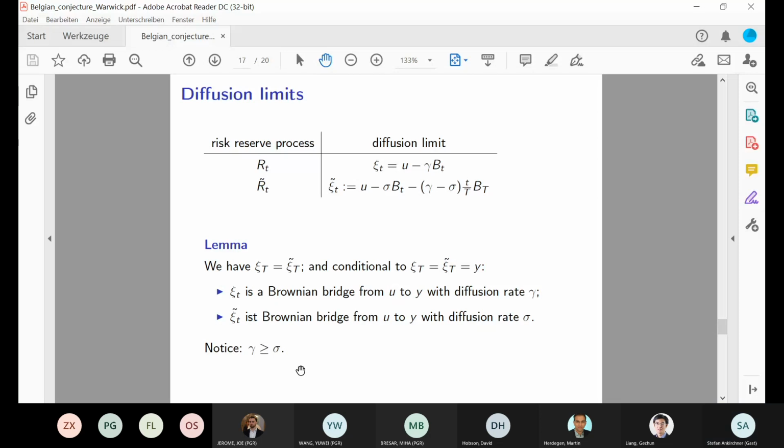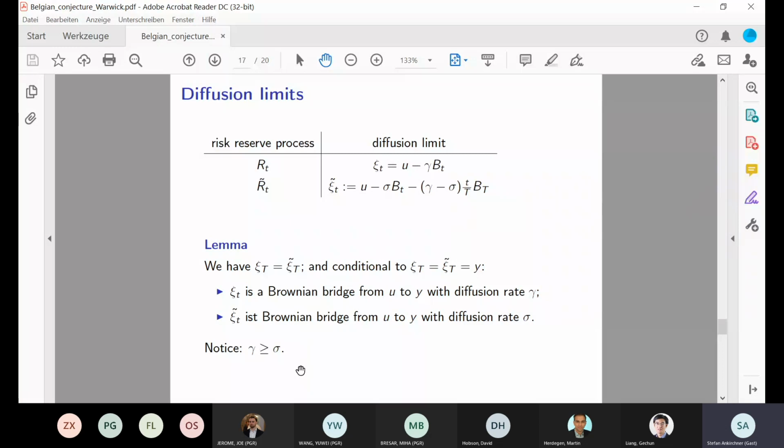So we have two Brownian bridges as conditional diffusion limits, but the one has a larger diffusion rate. And the process with the larger diffusion rate will hit zero with a larger probability. And that means the conjecture holds true within the diffusion limit.